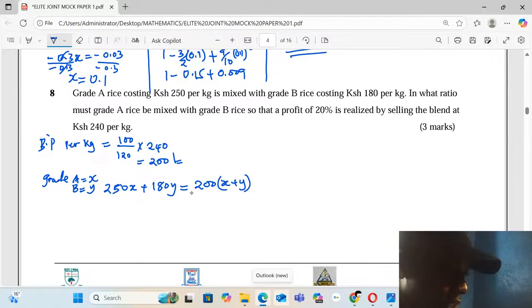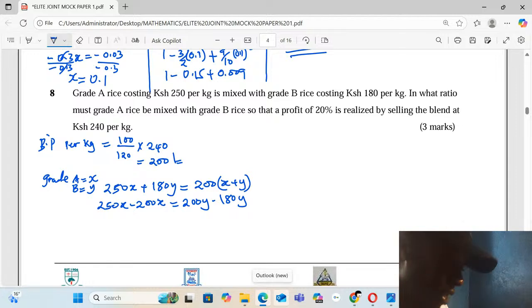So we can solve this equation so that we have 250X, we collect the like terms, minus 200X will be equal to 200Y minus 180Y.